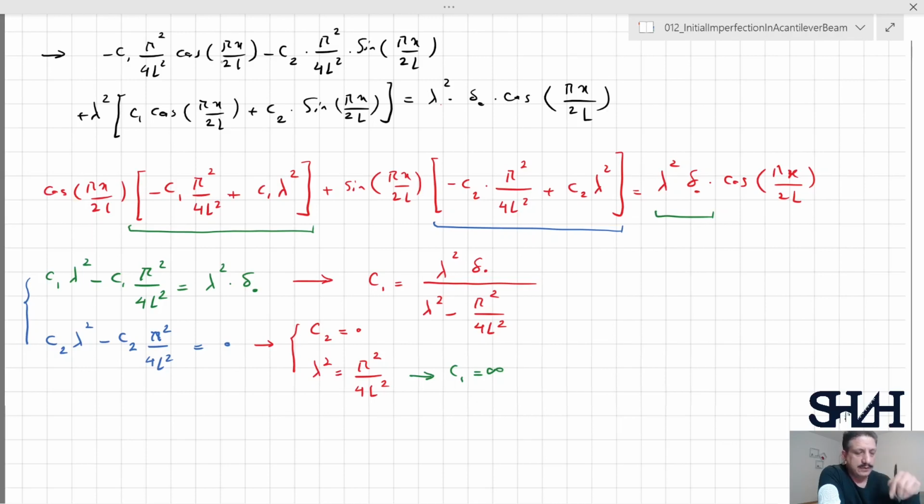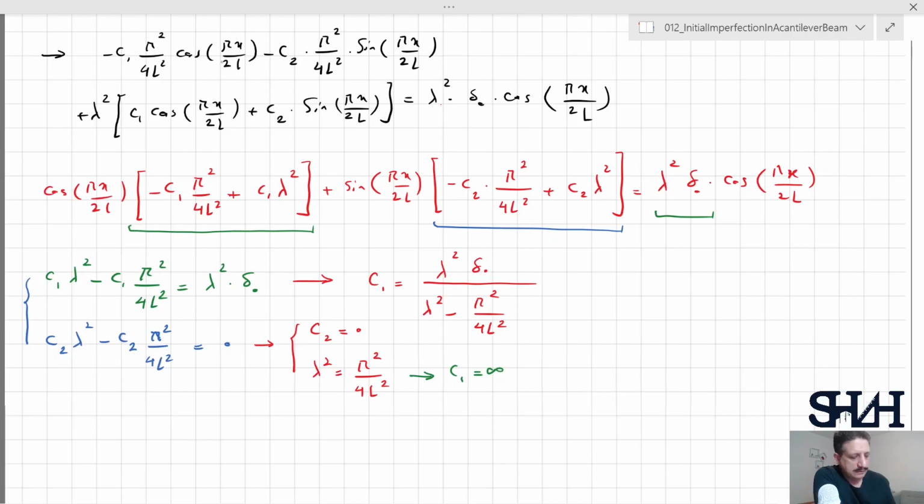In other words, with this, we will find out the critical load, where lambda will be pi over 2L and lambda square will be pi square divided by 4L square, and lambda square is P over EI, so P critical will be pi square EI divided by 4L square, which is the critical load of a cantilever column. It's not the topic in this example. We are going to find out what is the stress because of the imperfection when we increase the load in the column.